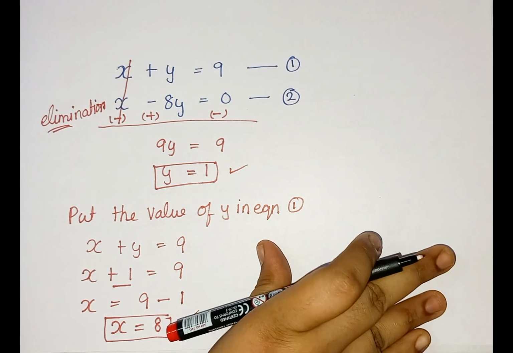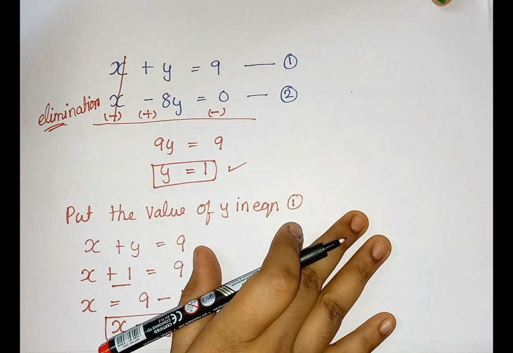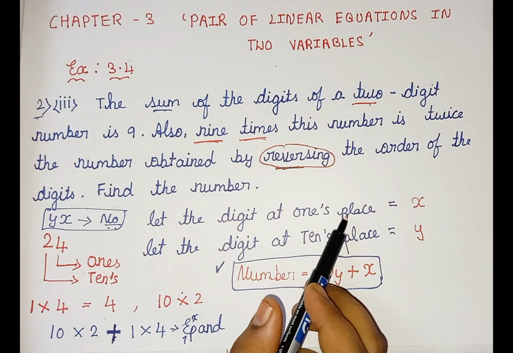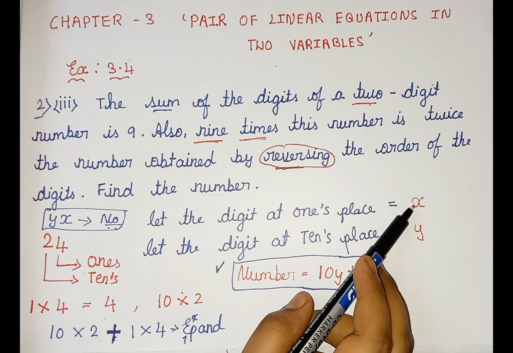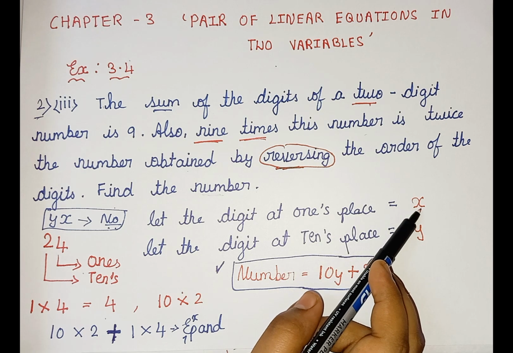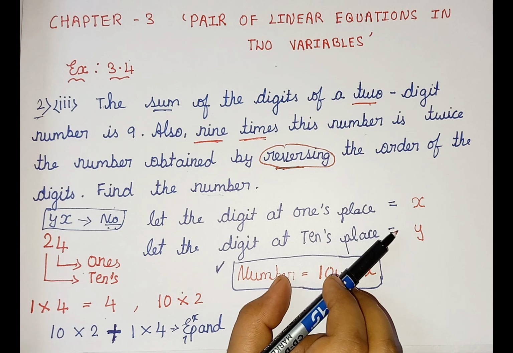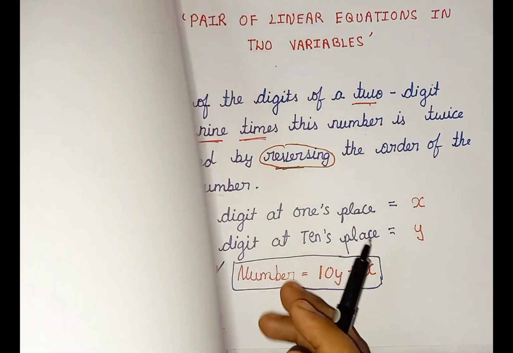Then I can say the digit at one's place is, we took it as x, right? So the digit is 8, and in the tens place the digit is y. What is the y value? 1.